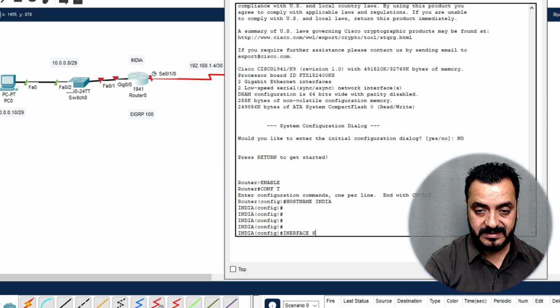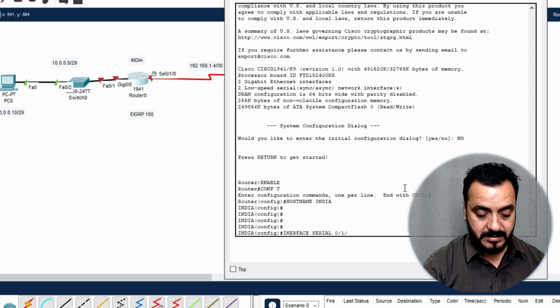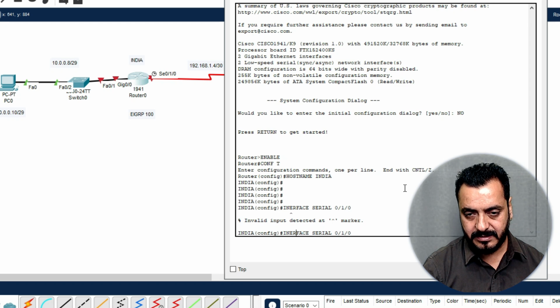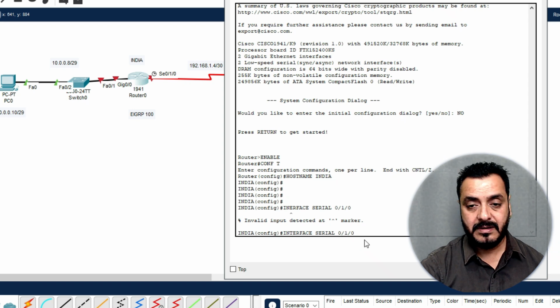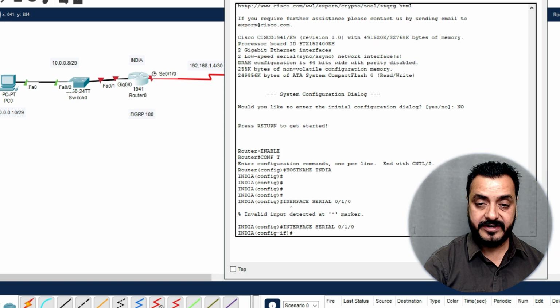So for the first interface, that is the WAN interface, its name is serial 0/0, not 0/0, but you can see over here, it is serial 0/1/0. Press enter. We have to use the correct command syntax, that is interface serial 0/1/0. Now we are in the WAN interface.